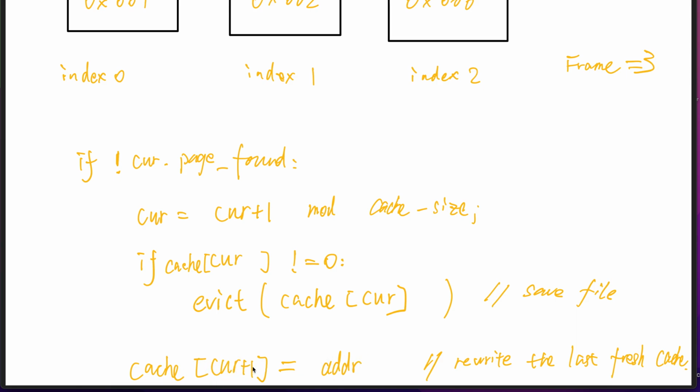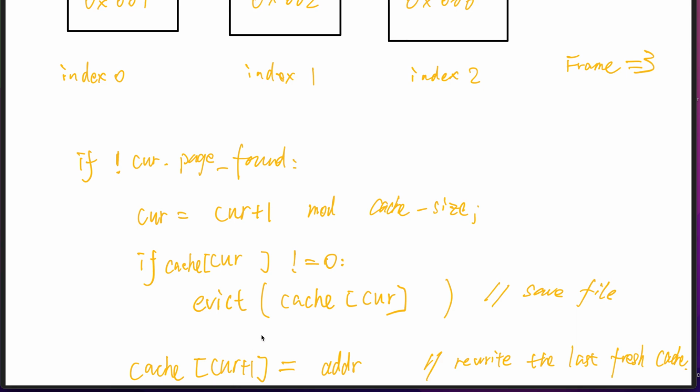Otherwise, the most important thing is we need to get the new address into this new location. There shouldn't be a +1, but as you can see, after we increase the current pointer, we always want to get our new address into this cache, since no other strategies, like optimal or LRU, get involved.